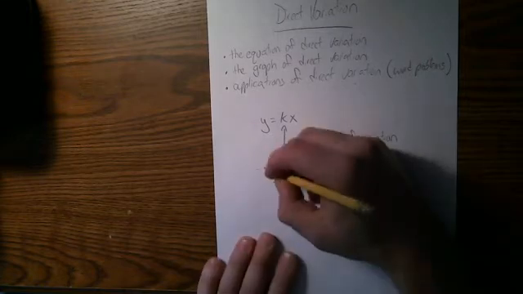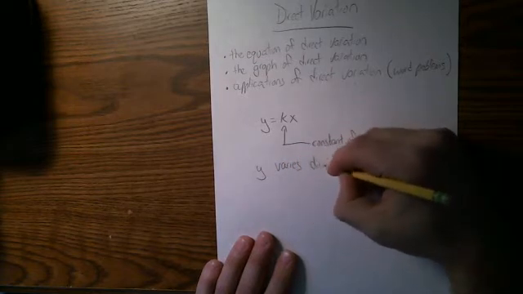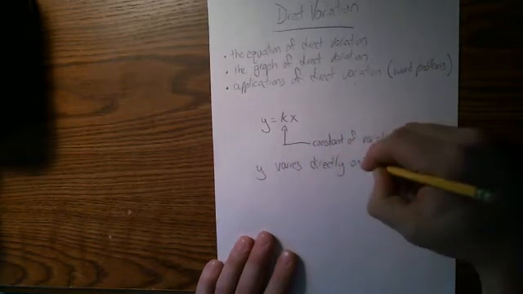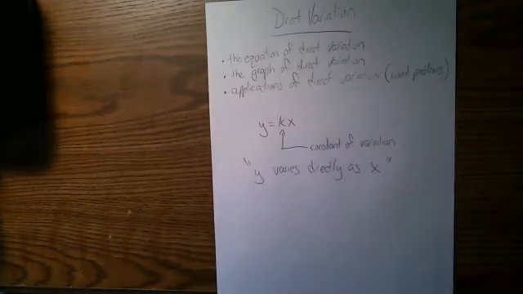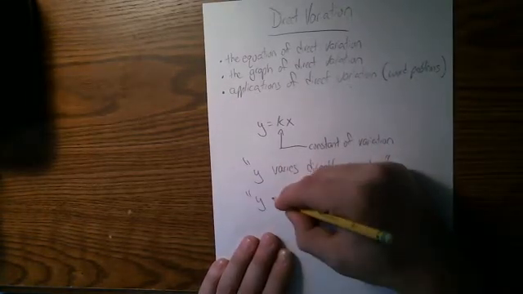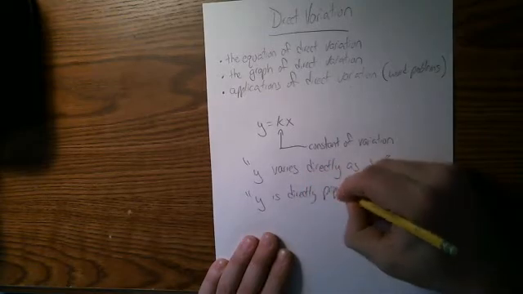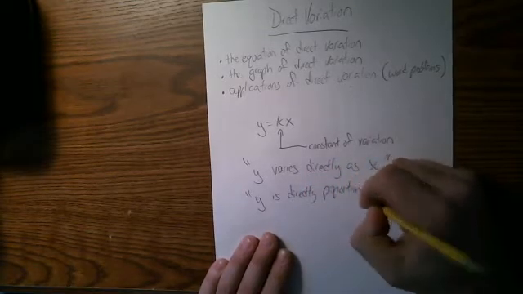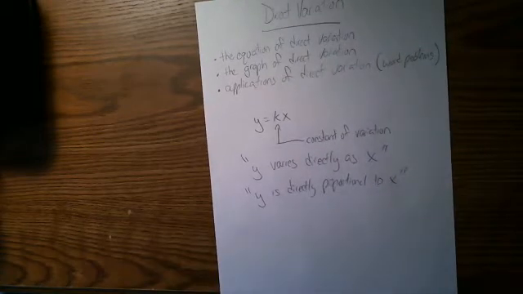And this is read, y varies directly as x, or y is directly proportional to x. So that's the equation of a direct variation.